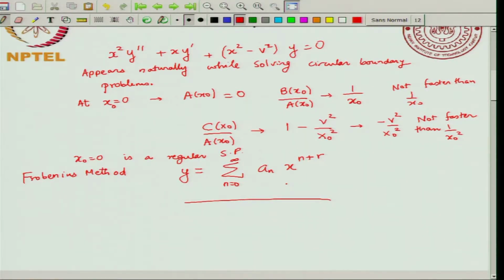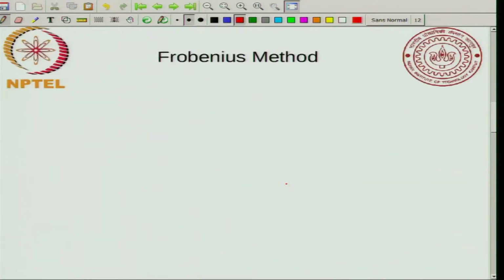Okay. So let us look at the first derivative. y is equal to the sum over n equal to 0 to infinity of a_n x raised to n plus r. Now y prime is equal to the sum over n equal to 0 to infinity of a_n (n plus r) x raised to n plus r minus 1.